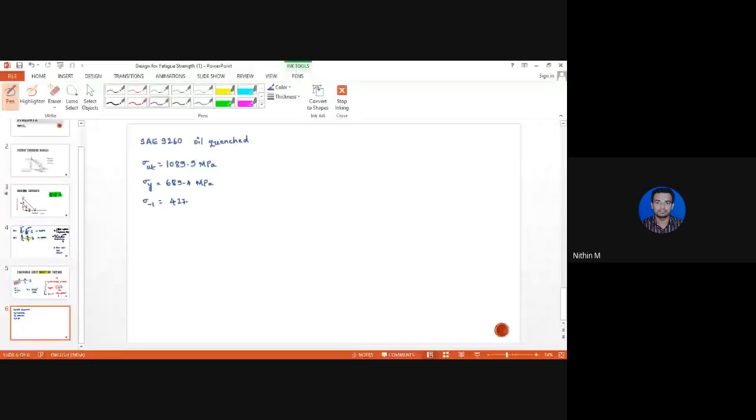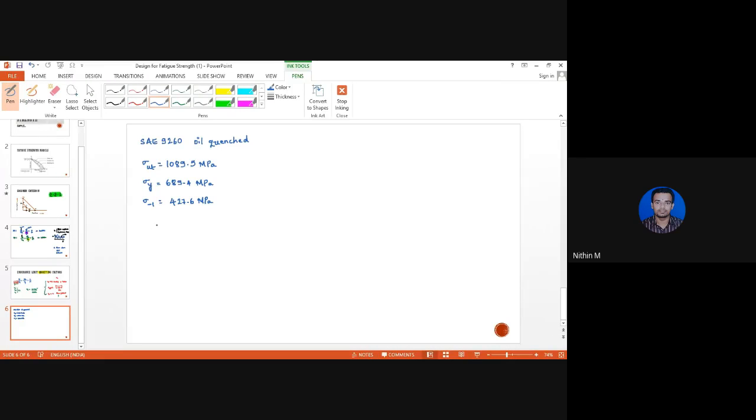It is subjected to a tensile load which varies from 120 kilonewton to 40 kilonewton.